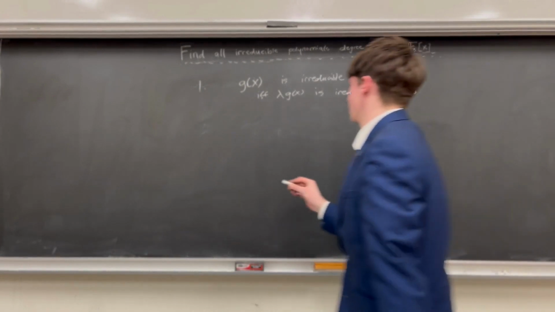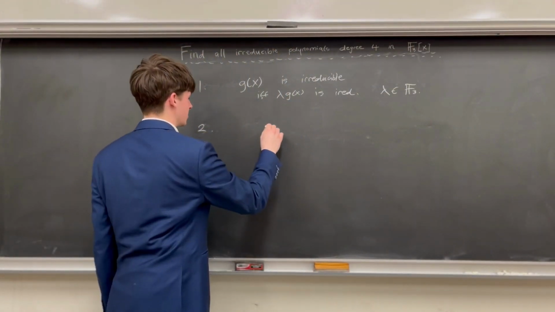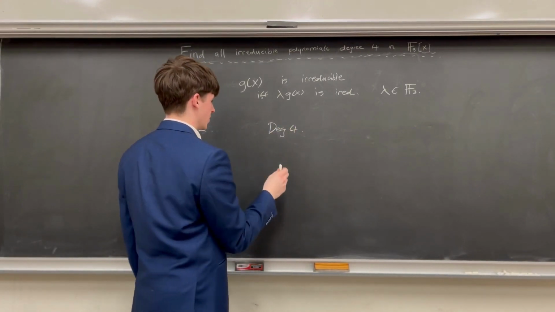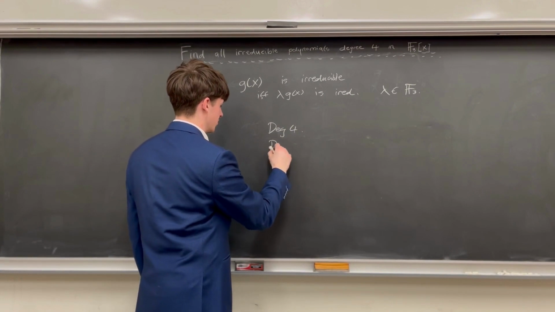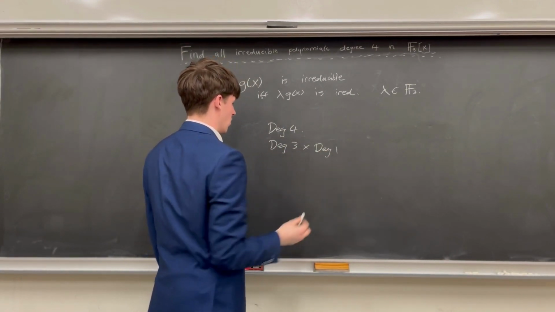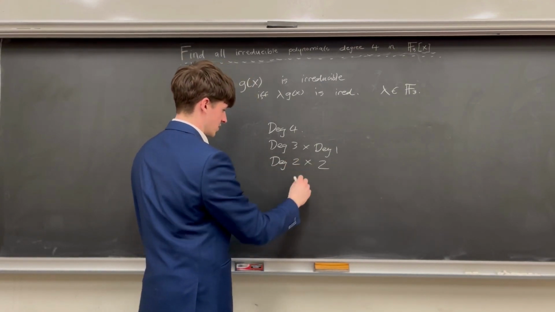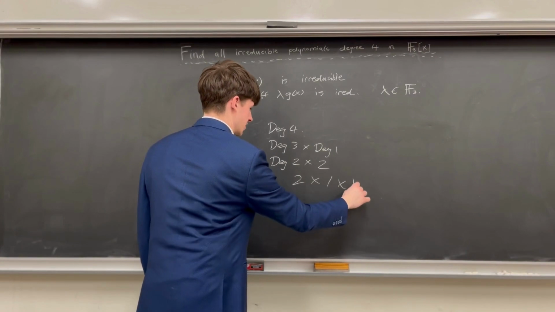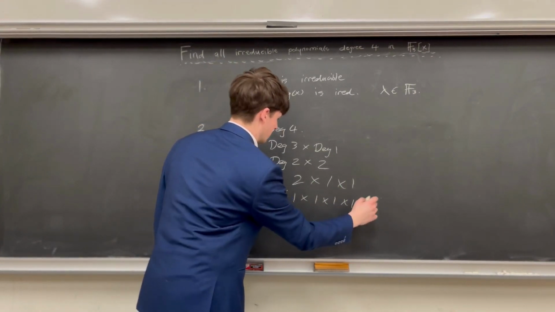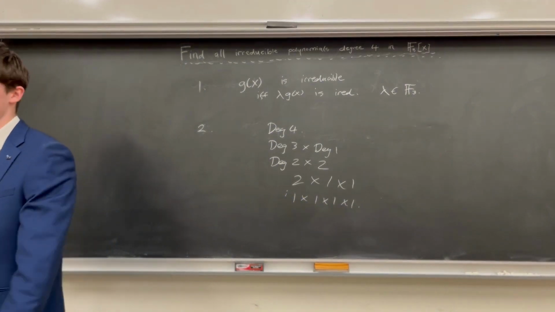Note 2, polynomials of degree 4 are either irreducible polynomials of degree 4, or they are products of irreducible polynomials of degree 3 times a degree 1, or a degree 2 times a 2, or a 2 times a 1 times a 1, or a 1 times a 1 times a 1 times a 1, where all of these represent irreducible polynomials.